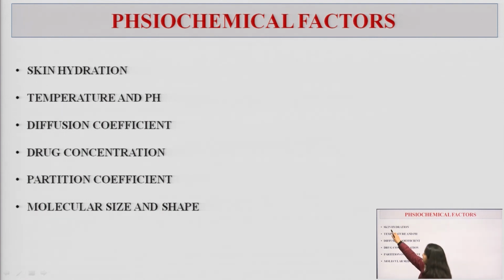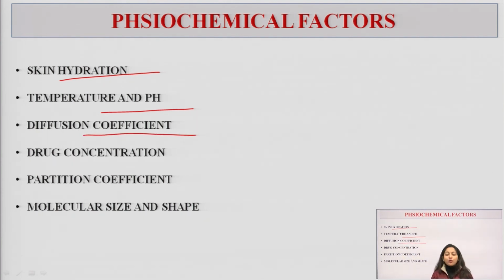Under that, the first thing is skin hydration. If the skin is hydrated, definitely the action produced is quick and bioavailability will be high. Another is temperature and pH. Temperature and pH play an important role in deciding the bioavailability and penetration of a particular semi-solid dosage form. Then diffusion coefficient.